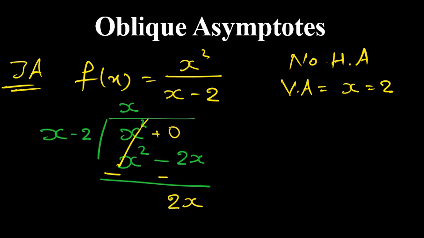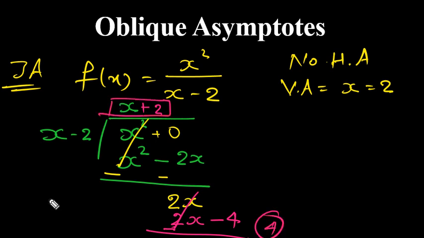So let's do x minus x plus 2. 2 multiplied by x will give you 2x, and 2 multiplied by 2 is 4, right? Again subtract this minus the 0, minus minus plus 4. So the remainder is 4 and the quotient is x plus 2.